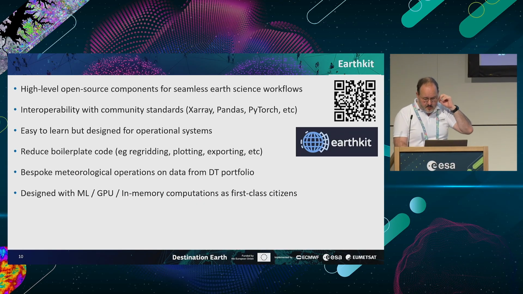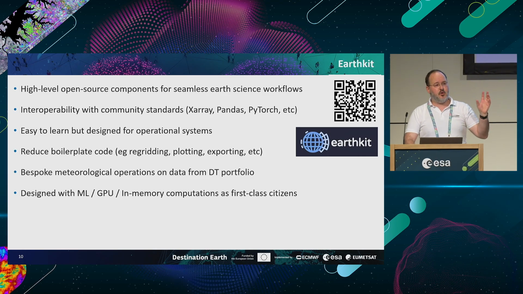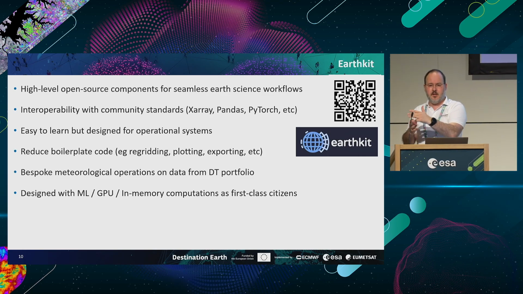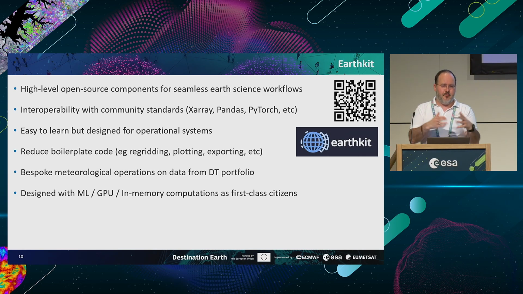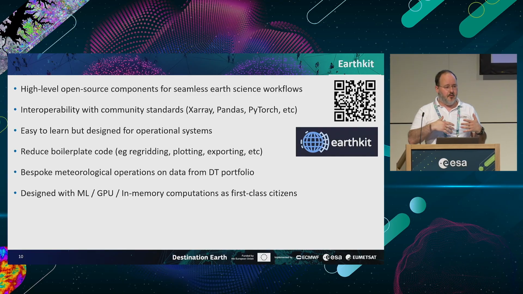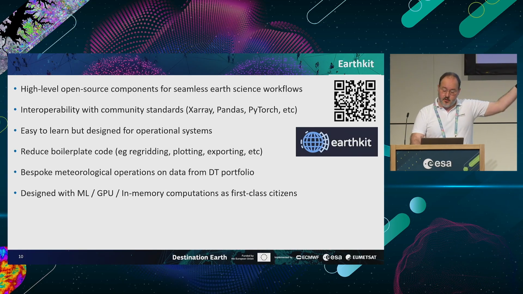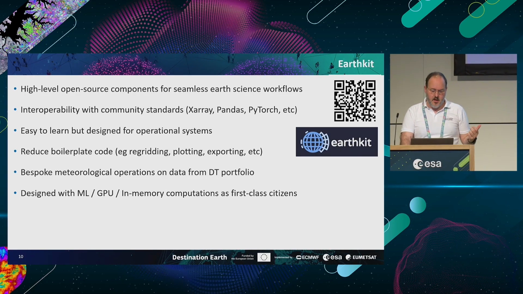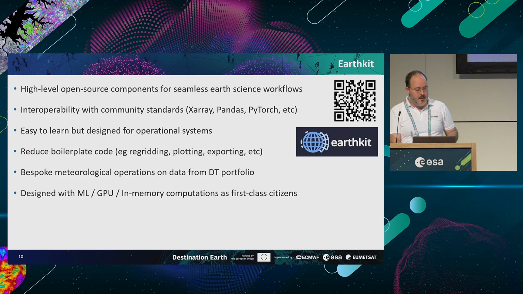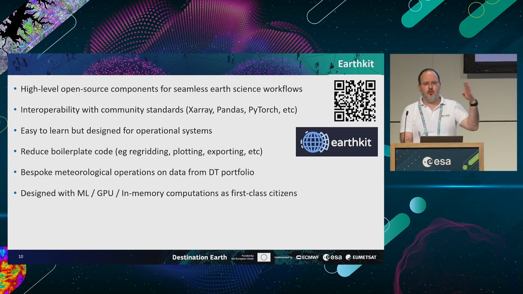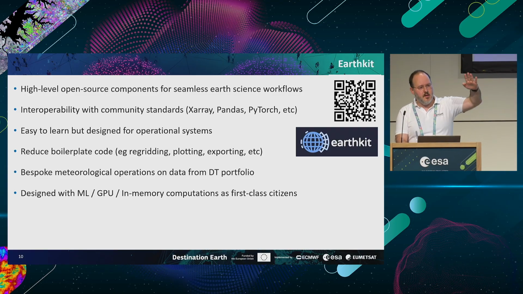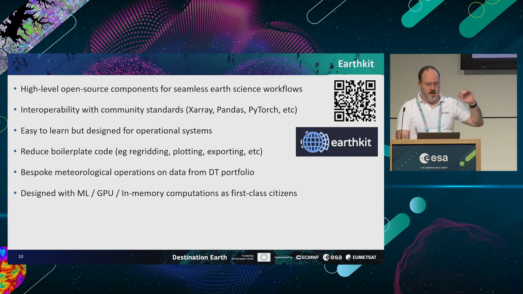And then finally, we have a toolkit that we are developing that is for users to use downstream of DestinE, so maybe on your own laptop. It's called EarthKit, it's a collection of open source software that interoperates with the community standards, things like Xarray, Pandas, PyTorch, etc. Designed really to be easy to learn, to lower the learning curve as much as possible.